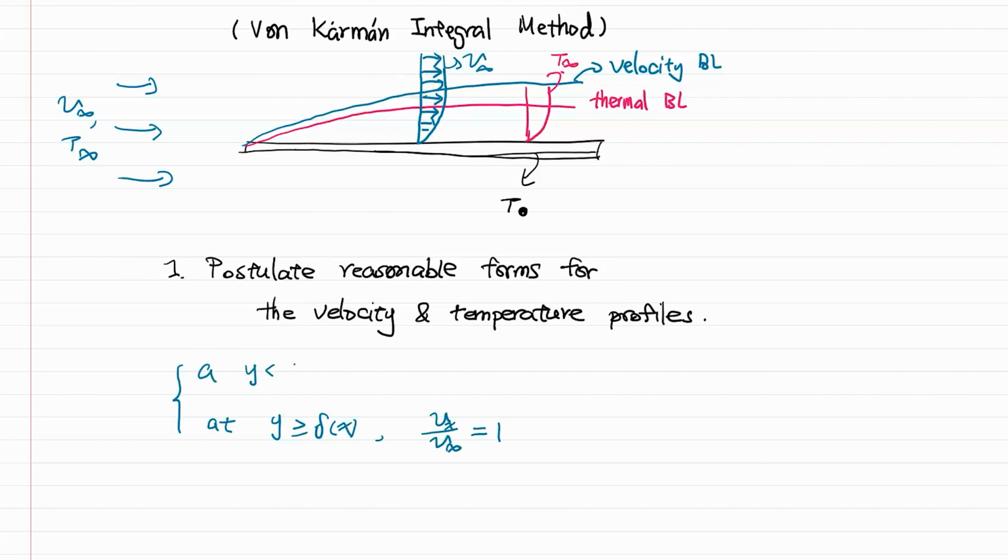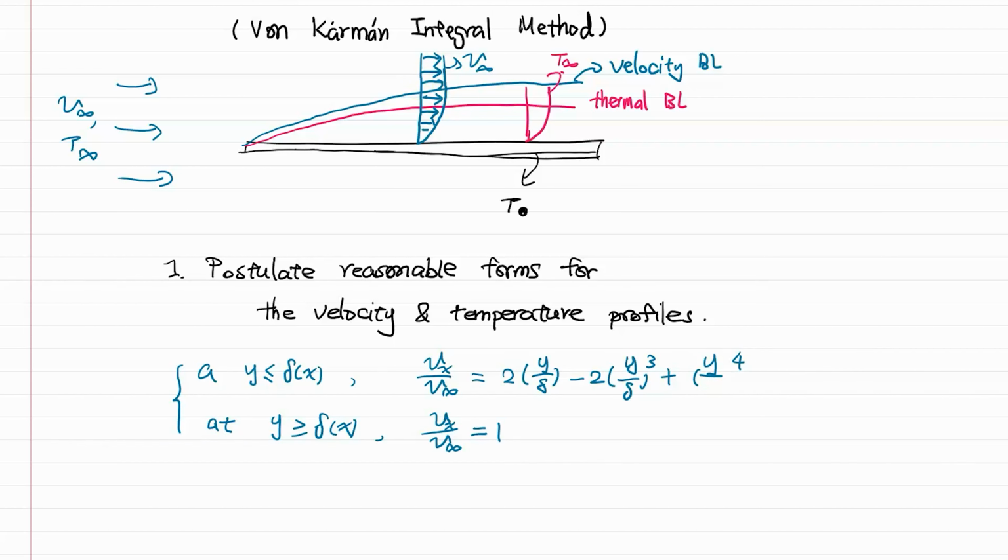Within the boundary layer, we can postulate Vx over V infinite equals 2y over delta minus 2y over delta cubed plus y over delta to the 4th power.